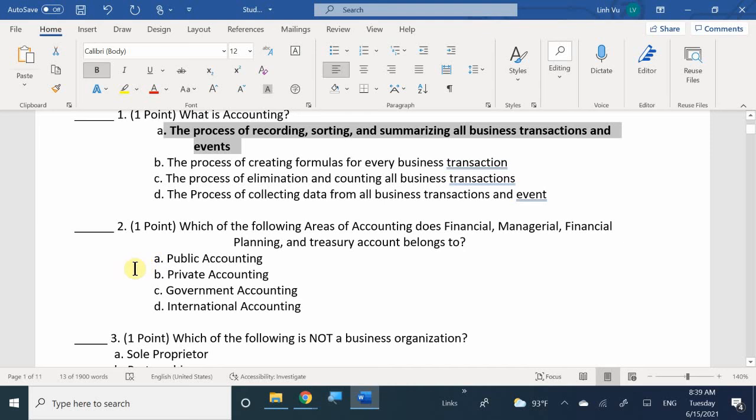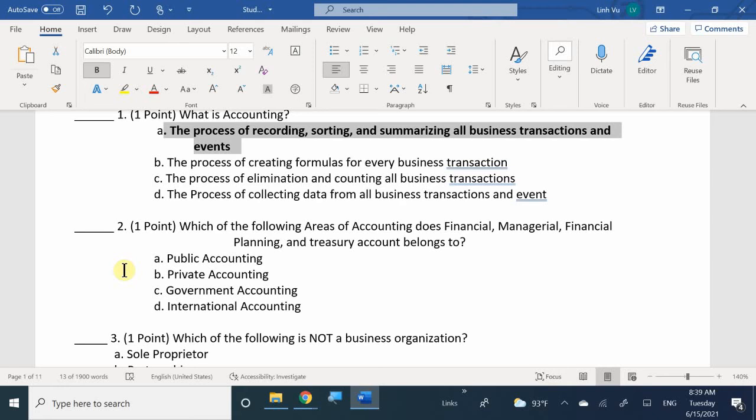Right. Number 2, which of the following areas of accounting does financial, managerial, financial planning, and treasury accounting belong to? C, government.